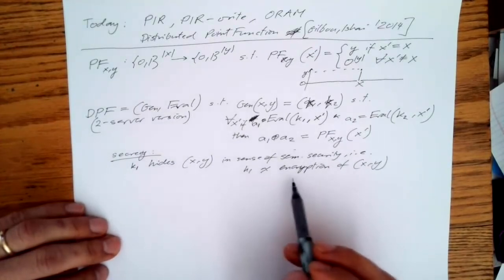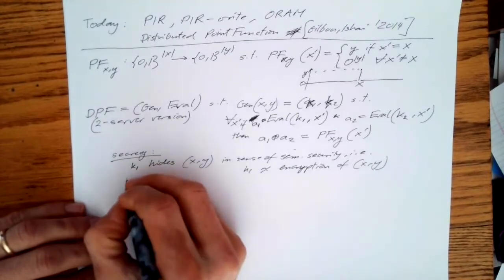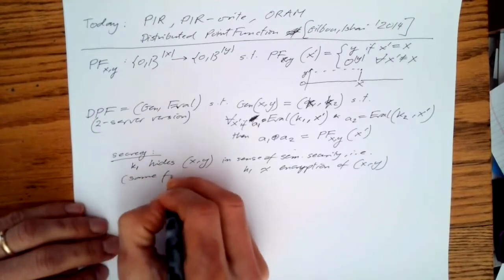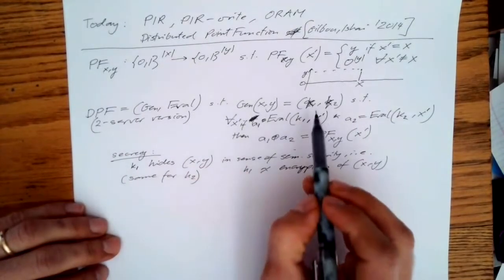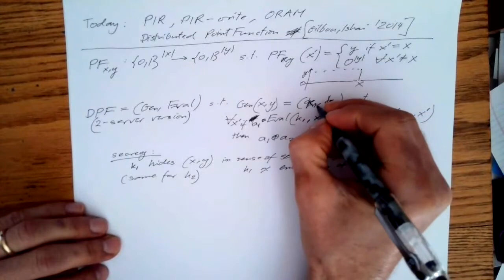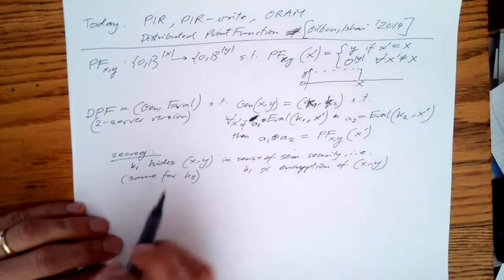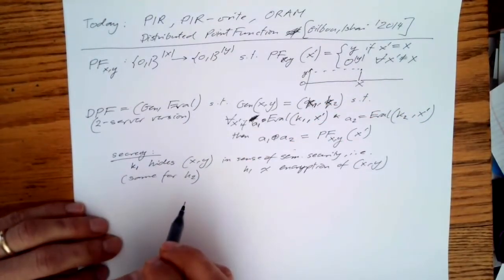It's exactly the same notion as encryption, and same for K2. So both these keys individually hide the input XY.